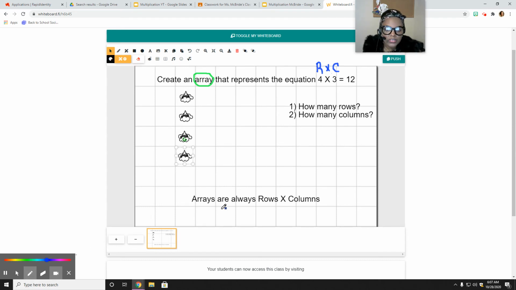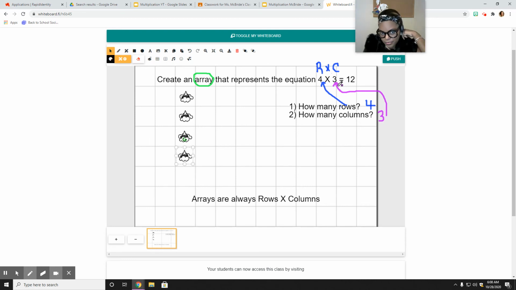How many rows? 4. How many columns? I'm going to draw an arrow. That is not pointing to my 4. That's pointing to the equation. Rows. Ooh, there we go. And I'm going to change my color. Now, how many columns? 3. Bingo. And we get that 3 from right here.